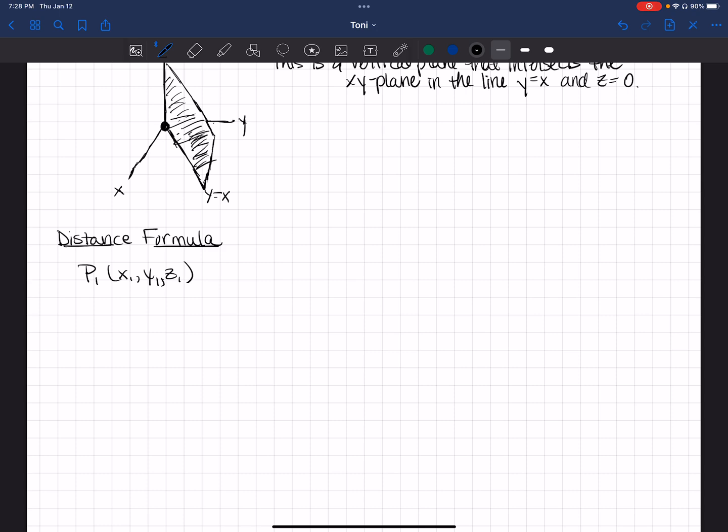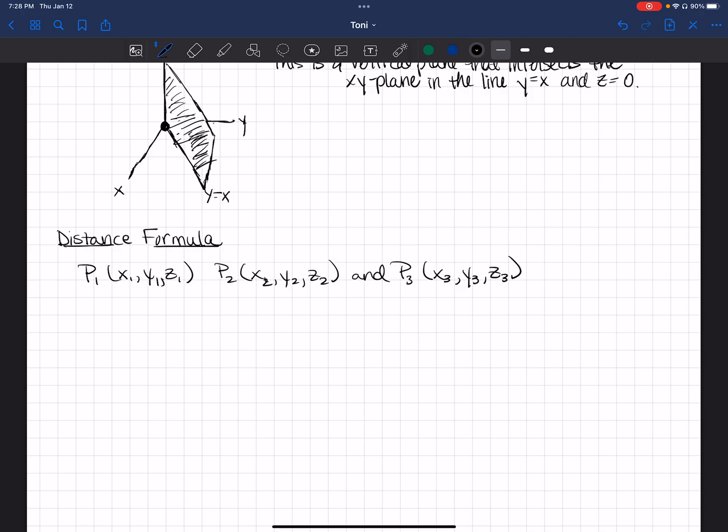The formula is the same thing, except now we have x, y, z. P2 is x2, y2, z2. And P3 is x3, y3, z3.